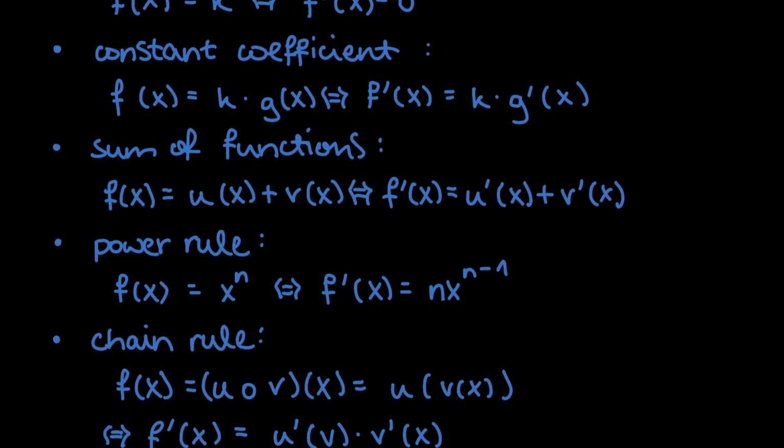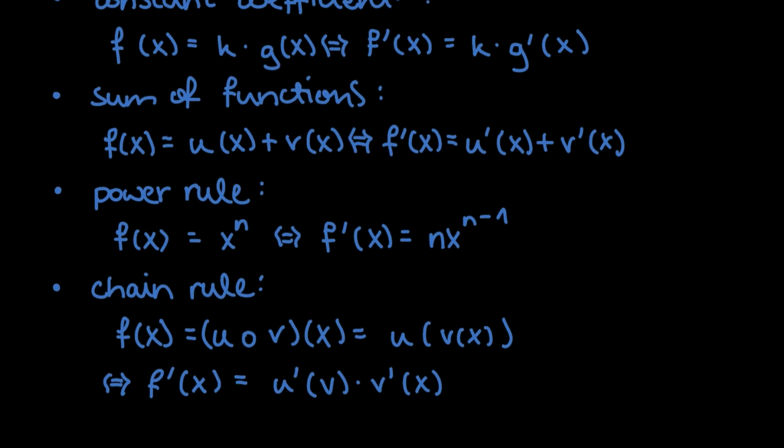The constant stays and you're just multiplying by the derivative of g to obtain f dashed of x. Now for the sum of functions, where we'd have f of x equals u of x plus v of x, and u of x and v of x can be any functions really, they can be a power or a division, whatever, then f dashed of x equals u dashed of x plus v dashed of x. So you can distribute the derivative to both functions. It doesn't matter that we're adding them.